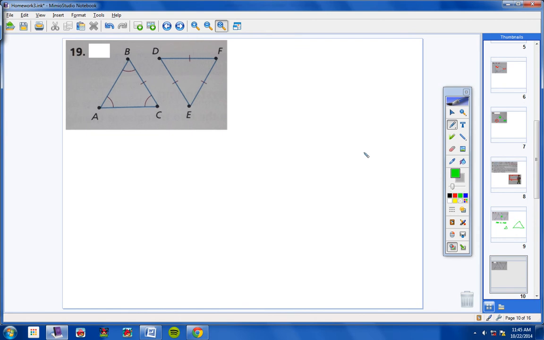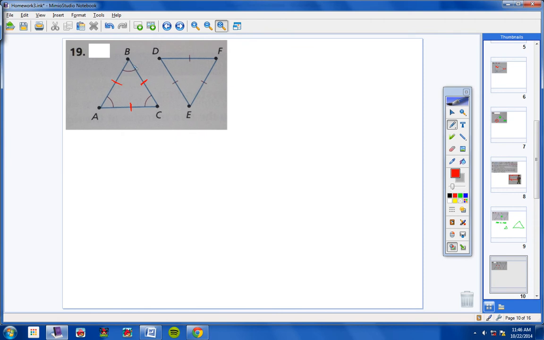Now, number 19, this is really interesting, so please watch the thought process I go through, okay? Watch this carefully. Now look, I know I have three congruent angles, thus I have an equiangular triangle. And we've learned that when you have an equiangular triangle, you also have an equilateral triangle. So I know this side here is congruent to this side here, is congruent to this side here. They're all the same.